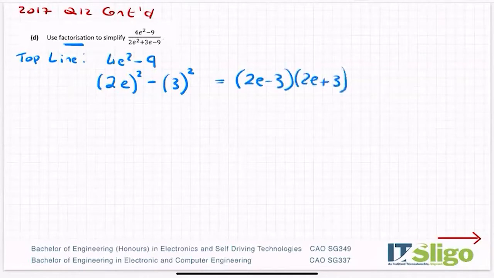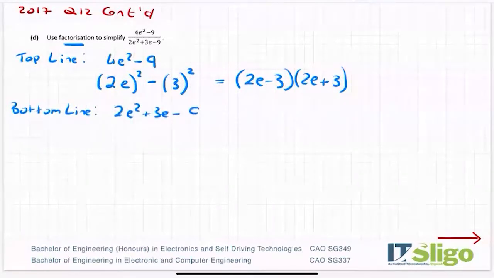Okay, the bits that are in the center of the brackets, you plus one bracket, you minus the other bracket. And of course, it doesn't matter which bracket is the plus here and which bracket is the minus. Okay, so then we look at the bottom line. 2e squared plus 3e minus 9.